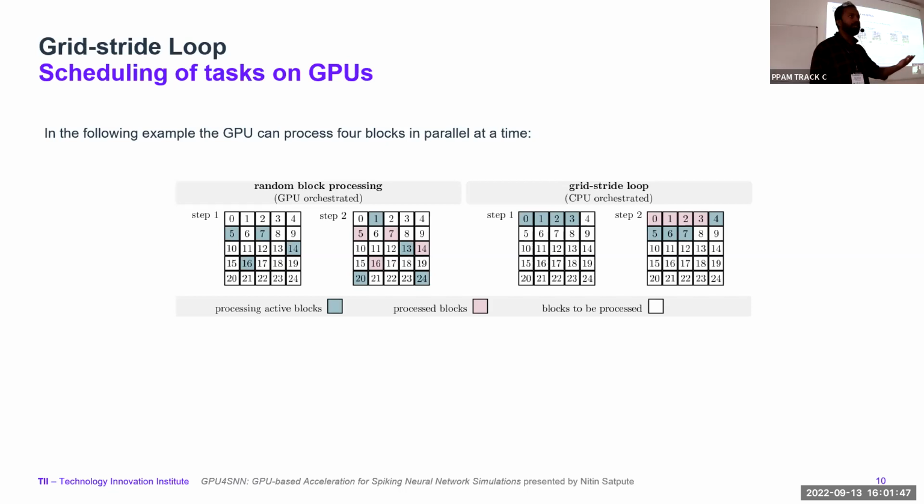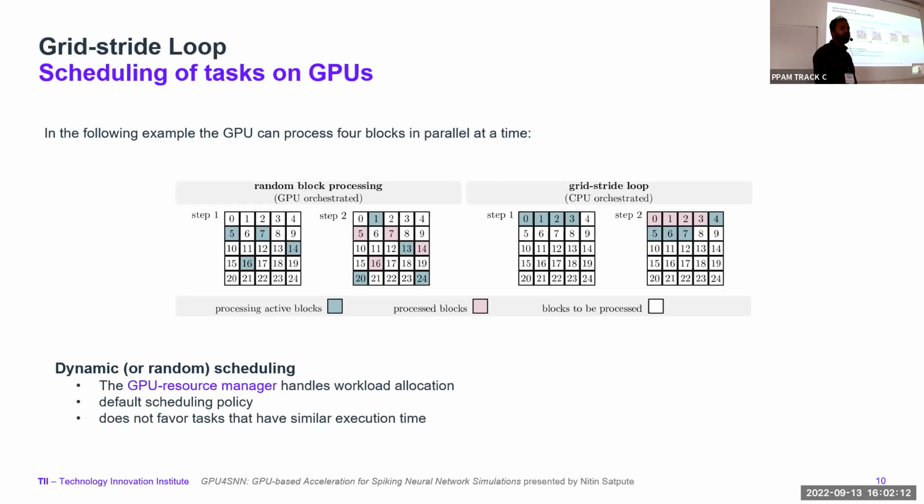For example, with 25 tasks and 5 blocks, we iterate 5 times so that we can perform all the tasks. So we are already telling the GPU, you don't need to schedule or allocate anything, just perform the way we are defining it. The random allocation is not happening, only the way we define it in the form of grid stride.